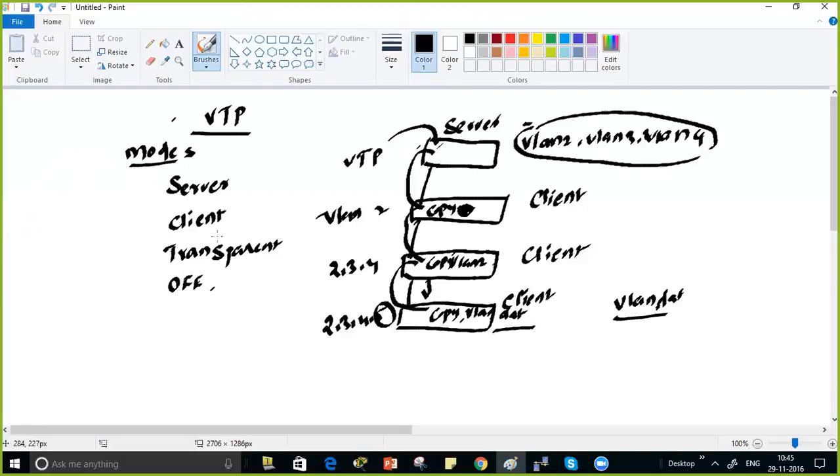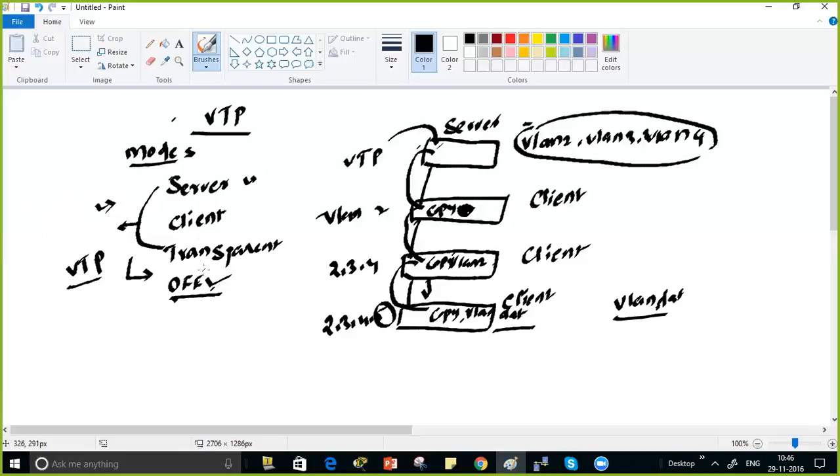These are four modes. If you explain these three modes, that is also good. By default we just say that we have three modes in VTP, and in VTP version 3 they introduced another mode, that is off mode.